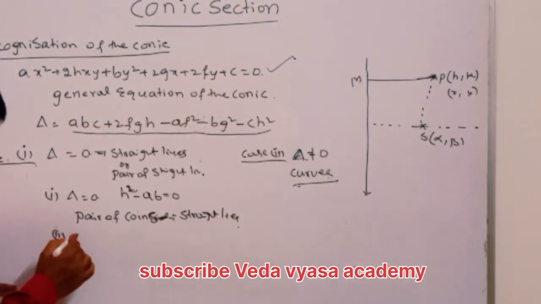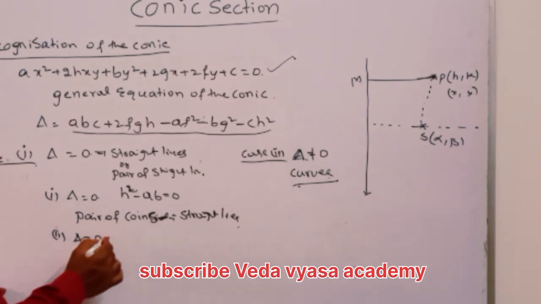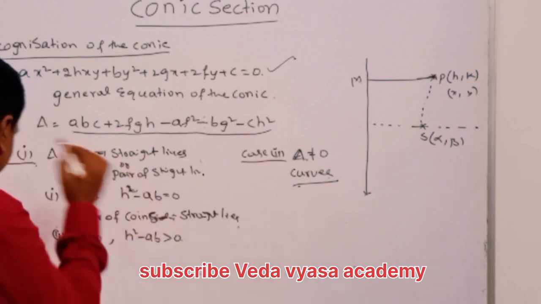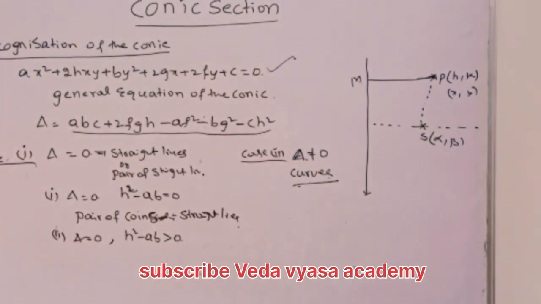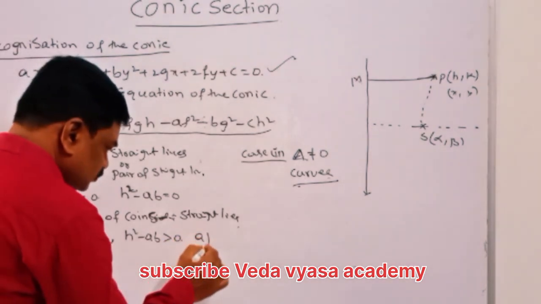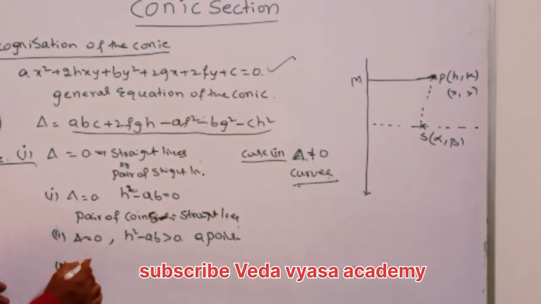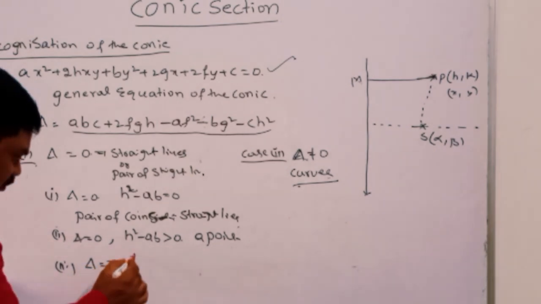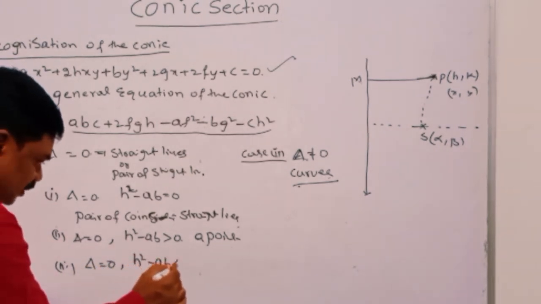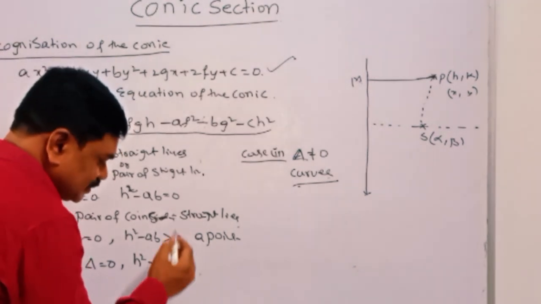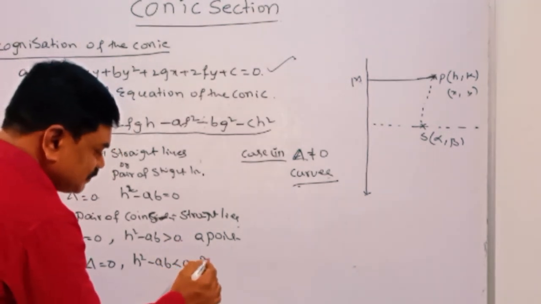If delta is equal to 0 and h square minus ab greater than 0, it represents a point. Third one, if delta is equal to 0 and h square minus ab less than 0, it represents a pair of straight lines.